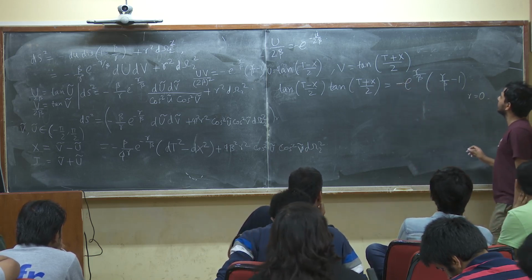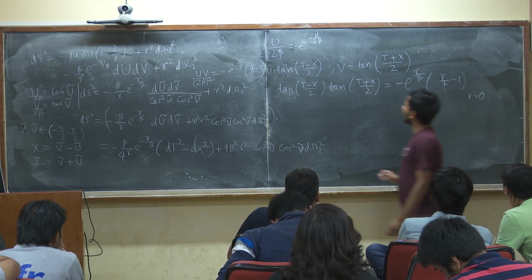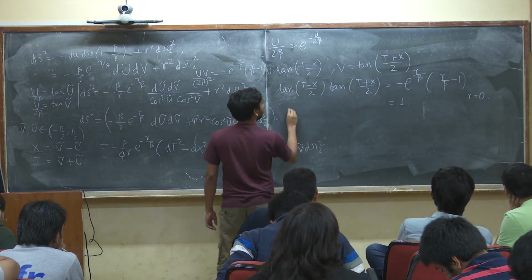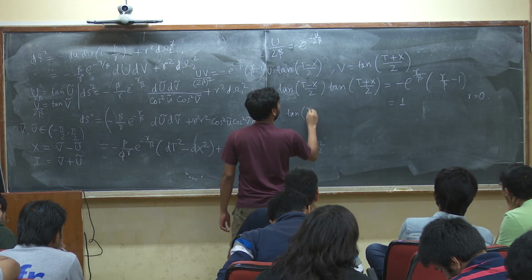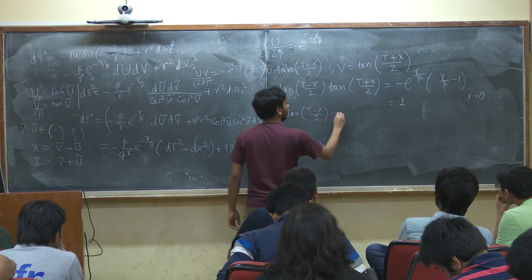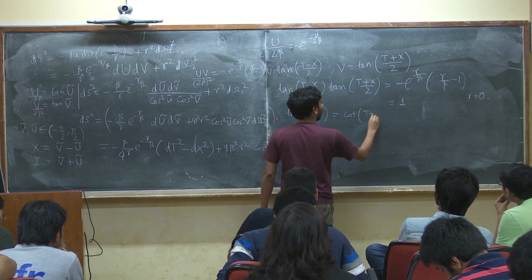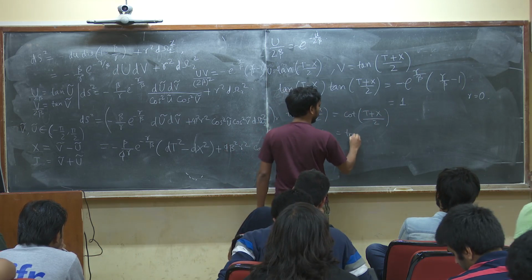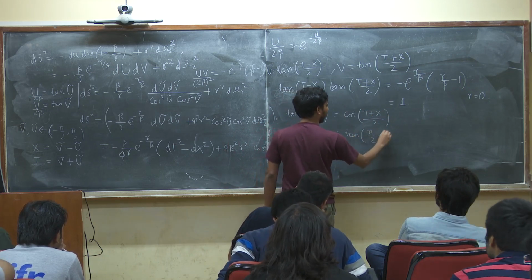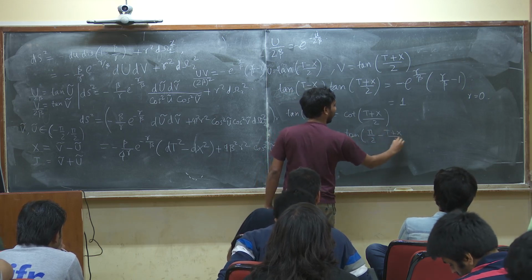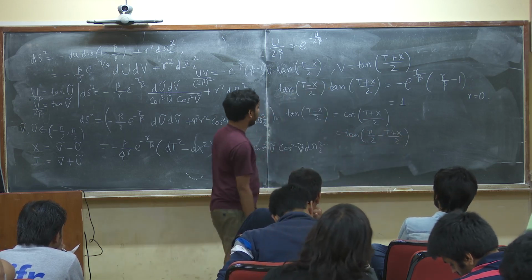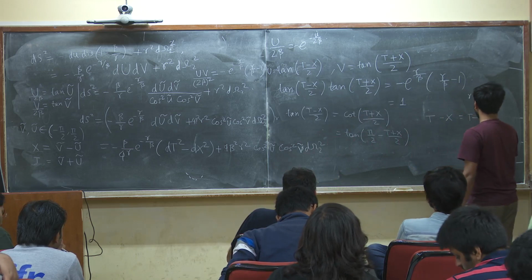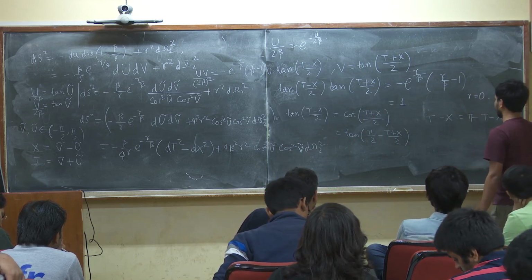R is equal to 0 means, 1 means, so minus x is equal to pi minus t minus x.